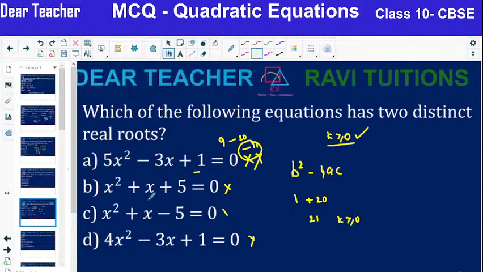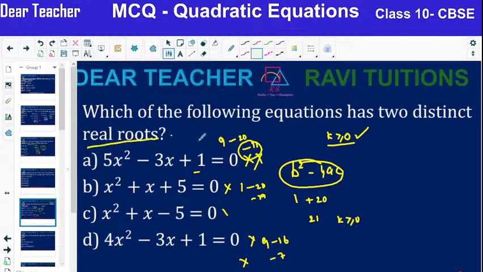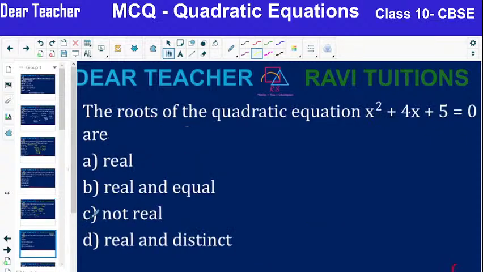Here b square is 1 minus 20, minus 19, this is also no. This one, let us take 9 minus 16, so minus 7 is also no. That means b square minus 4ac should be greater than or equal to 0 to have real, distinct real roots. So the answer is C. C is the answer. Okay, let us go to the next question.